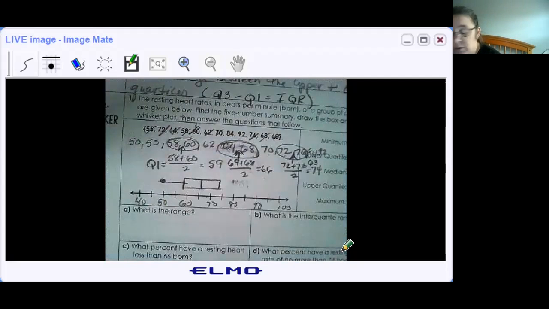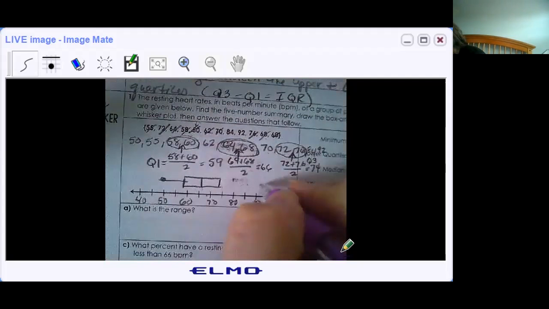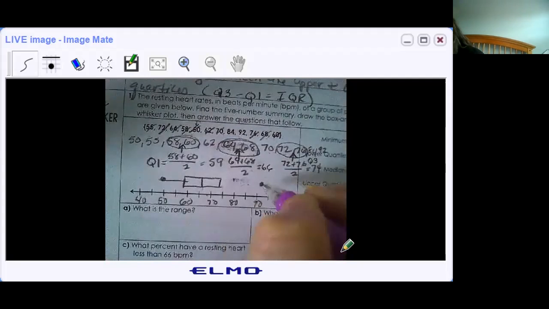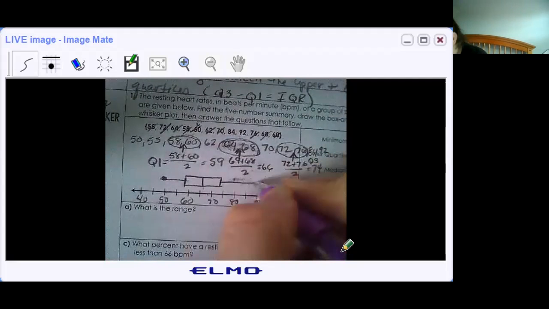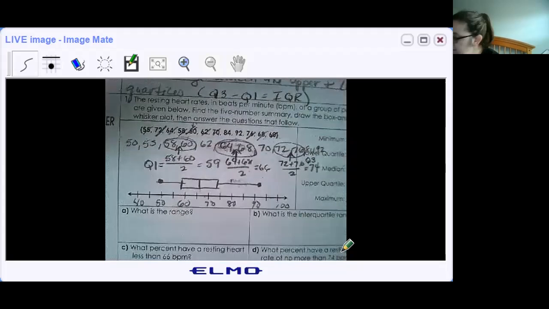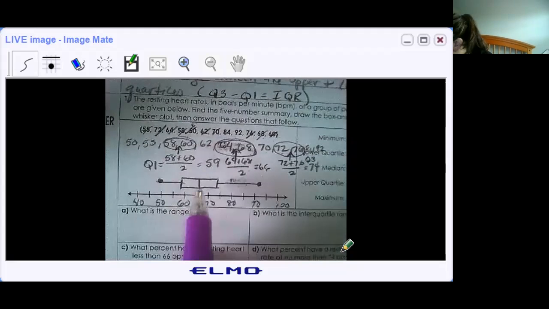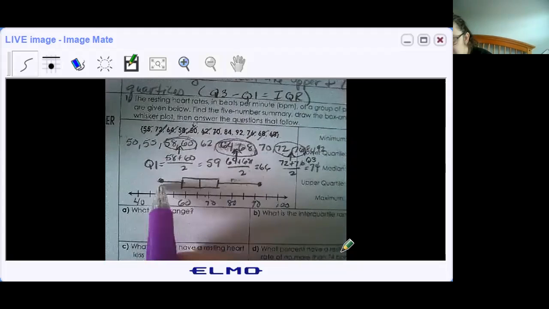Well, my maximum's 92, which is all the way out here. So now I'm going to draw a line to connect it. Now, this is why most people call box plots box and whisker plots, because I have my box in the middle and my whiskers that go out to the ends.